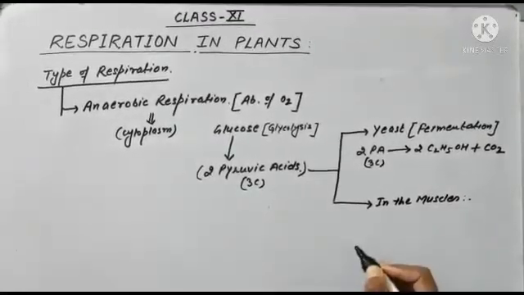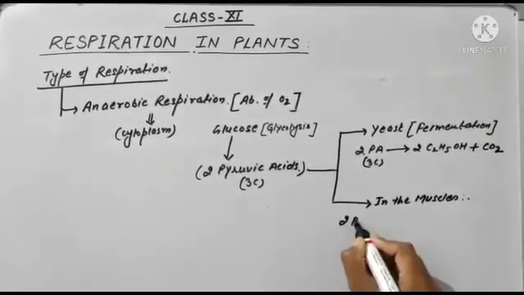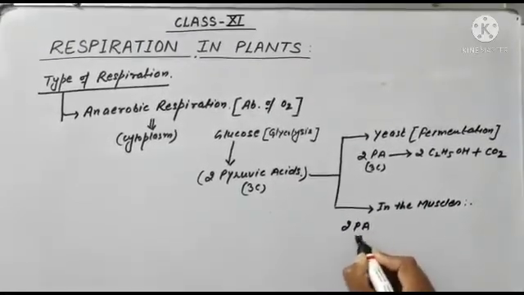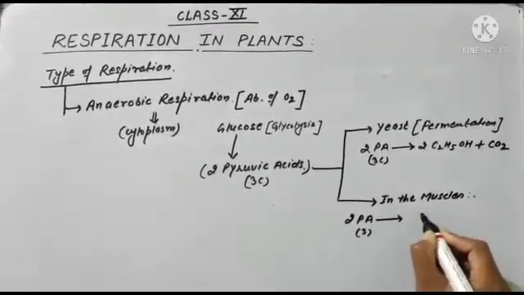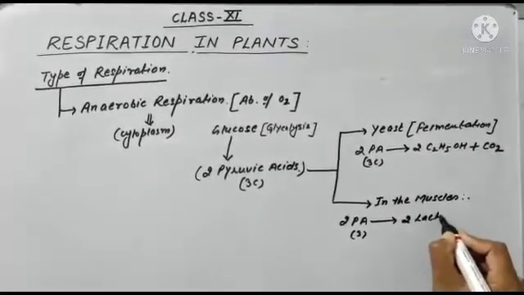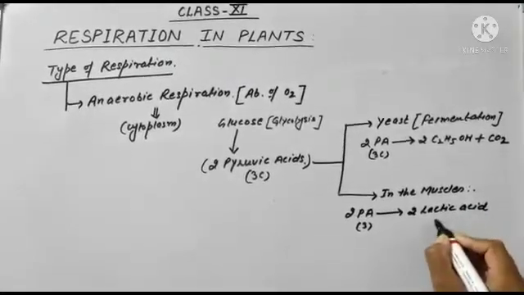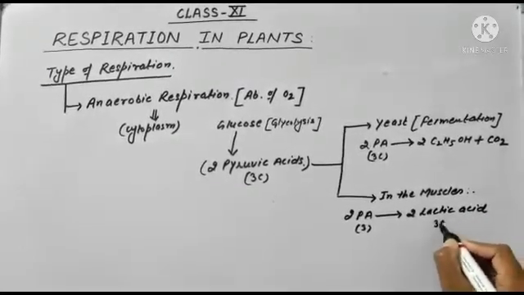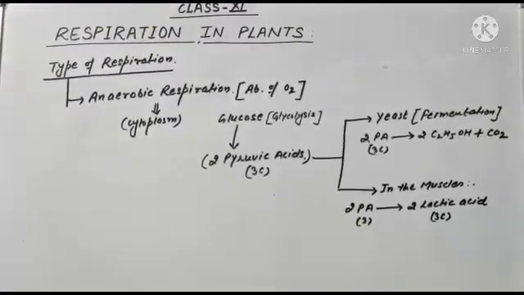Now in the muscles of organisms, these 2 molecules of pyruvic acid, which are 3 carbon compounds, when in the absence of oxygen, will convert into 2 molecules of lactic acid. And these 2 molecules of lactic acid, again, are 3 carbon compounds. So there is no formation of any carbon dioxide molecule.